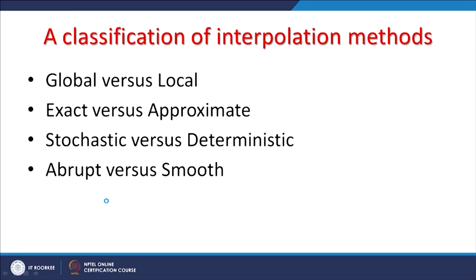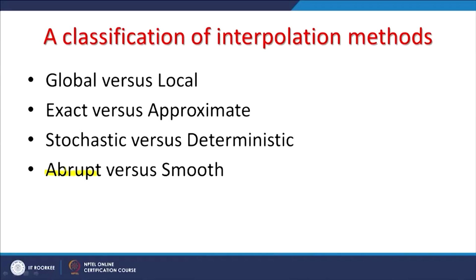In natural conditions, because of some natural phenomena there might be sudden changes in elevation, like an escarpment, which is very common in Himalayan terrain. Or if I am creating an interpolated surface for groundwater conditions, there might be a sudden change in lithology, a dike, a reef or a fault, and that will be considered under abrupt.